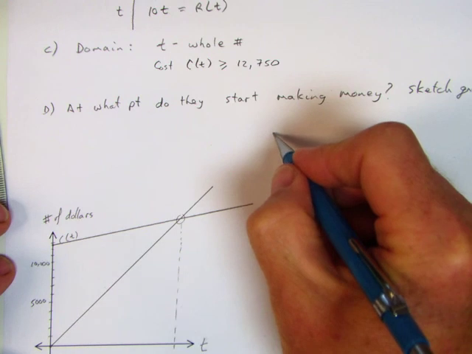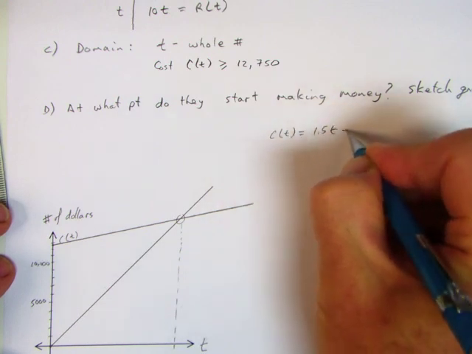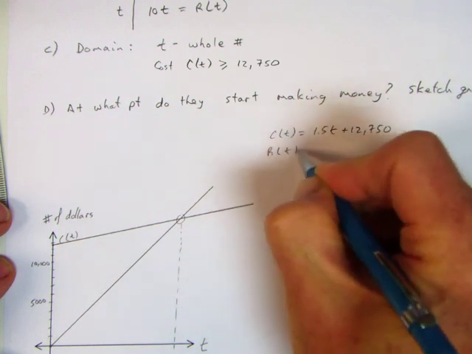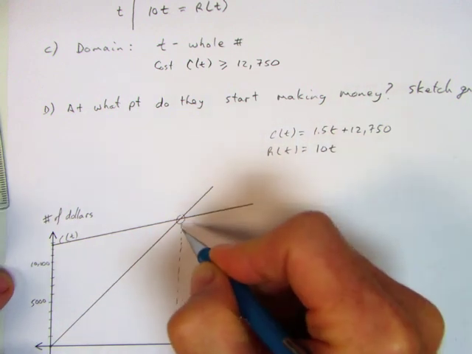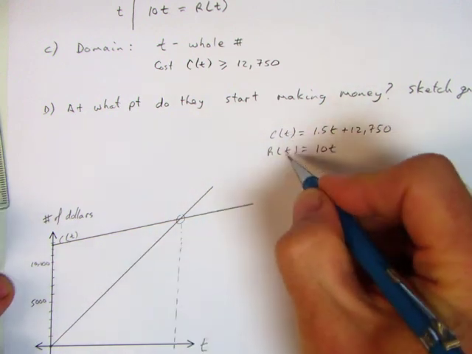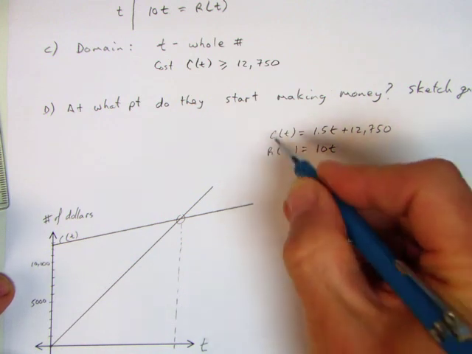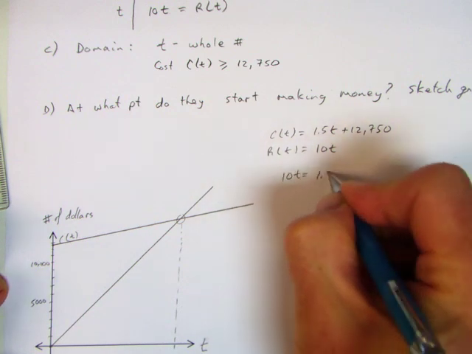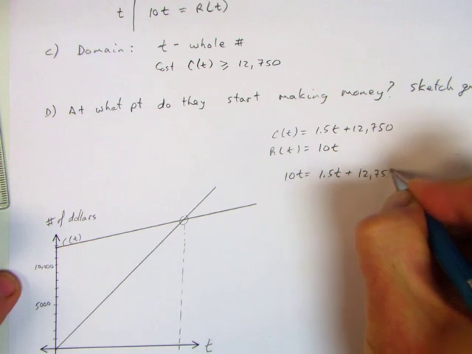We have C of t equals 1.5t plus 12,750. R of t equals 10t. At that point of intersection, what can you say about the cost and revenue? They're the same. So we could do substitution in this case and say 10t equals 1.5t plus 12,750.